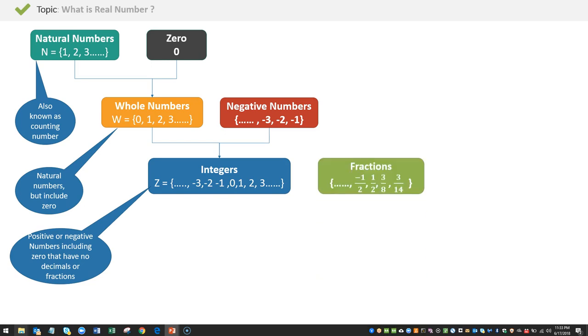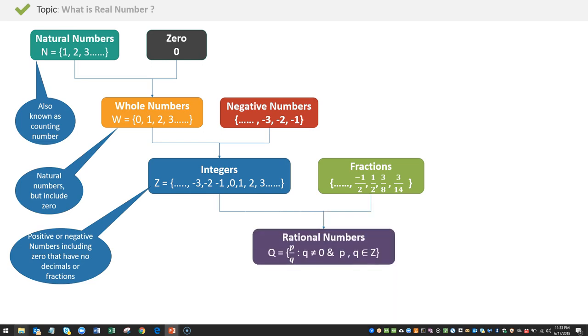So what comes next is fraction. Now fraction can be represented as decimal as well. If you include integers and fraction together, what you get is rational numbers, which generally get represented by Q and can be represented as P by Q, where Q is not equal to 0 and P and Q belong to integers, positive or negative.